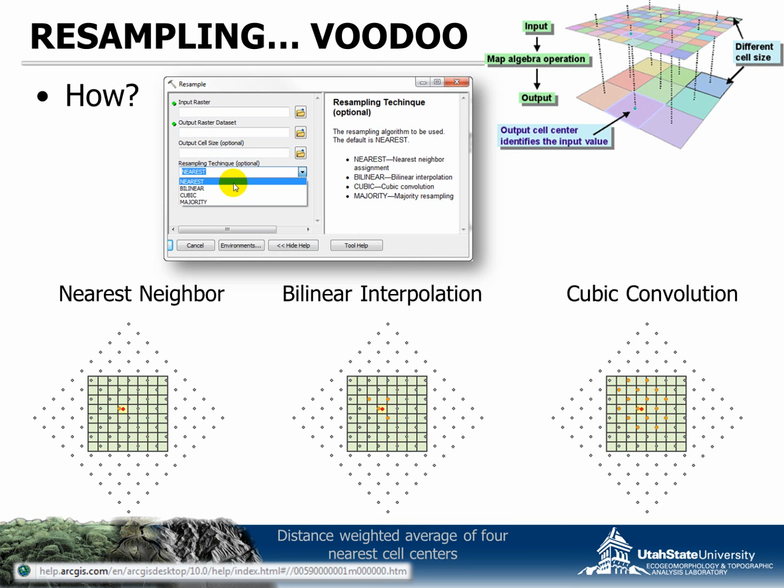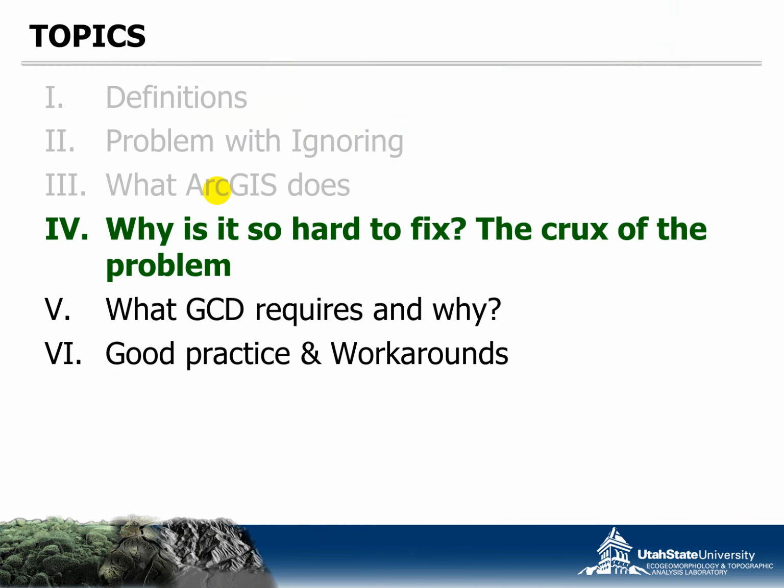Nearest tends to be the default for most tools, but it's not always the case. So that's what ArcGIS does to let you get away with murder and be really sloppy in dealing with stuff.